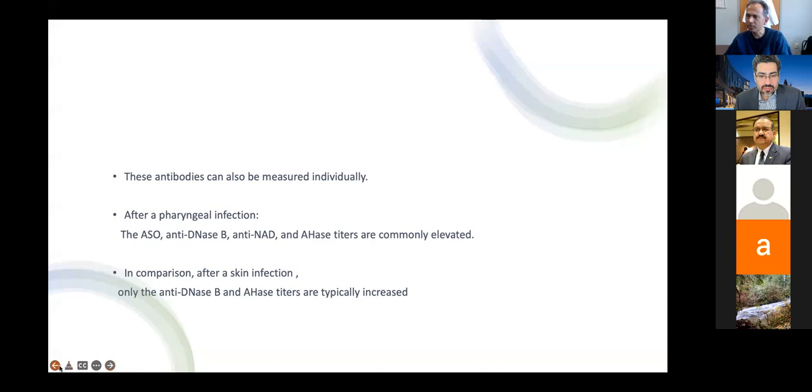Most commonly, when it's related to pharyngeal infection a couple of weeks before the presentation, the ASO titer is high, or anti-DNase B. While with skin infection, mainly you see anti-DNase B and anti-hyaluronidase.